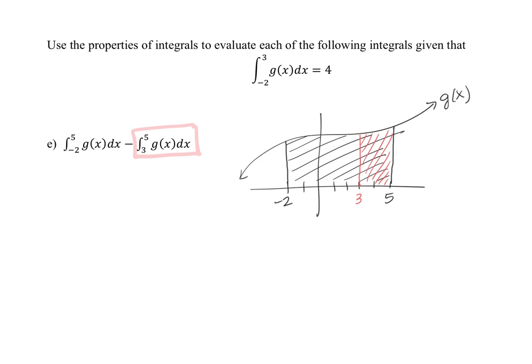So you can see then what's going to remain would be this region here in green, which would be the integral from negative 2 to 3. So since we are subtracting here, this will be equivalent to the integral from negative 2 to 3 of g of x dx. And again, that's the integral we were given, and we know that value is 4.